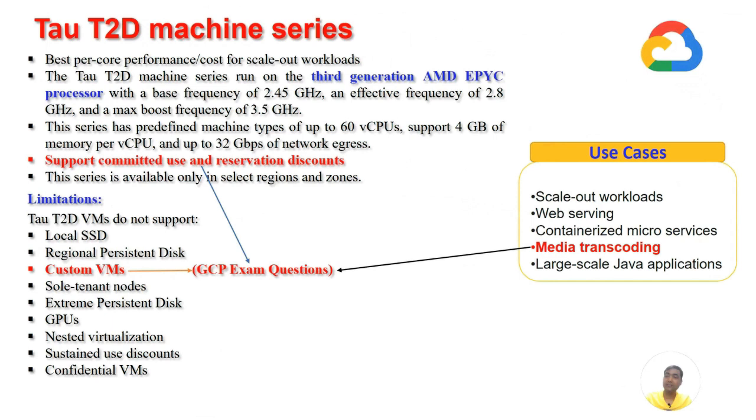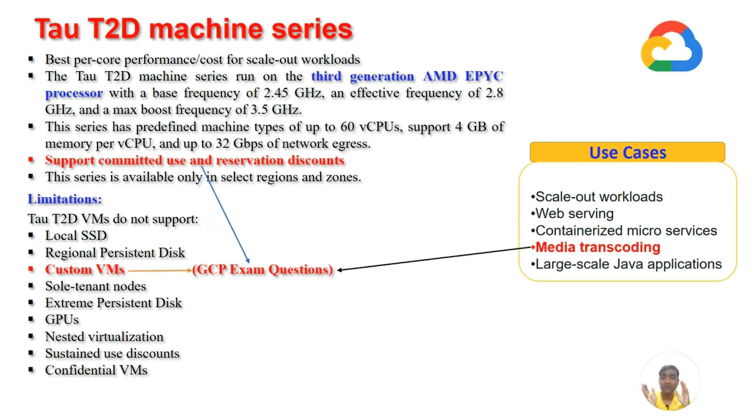Guys, let's discuss the Tau T2D machine series. As you can see here, the Tau T2D machine series runs on the third generation of AMD EPYC processor with a base frequency of 2.45 GHz, an effective frequency of 2.8 GHz, and a maximum boost frequency of 3.5 GHz.